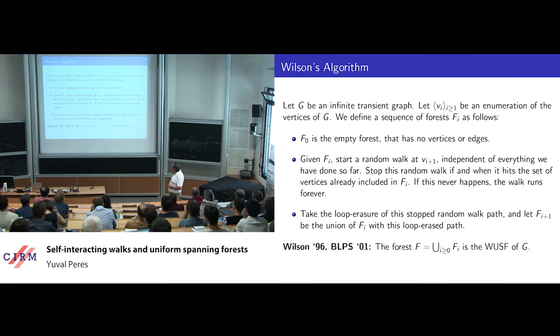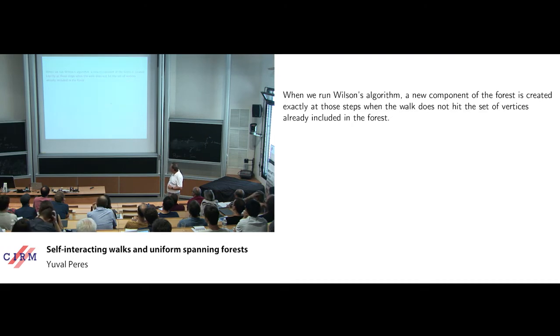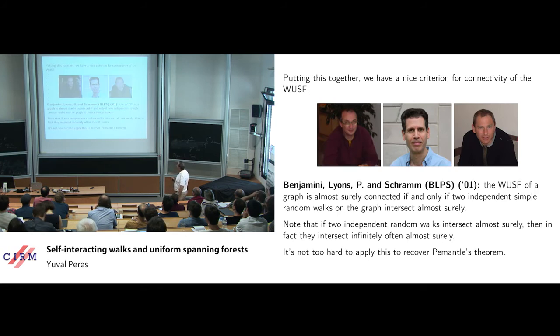Okay, now this fact is easier because of Wilson's algorithm as generalized in this paper to the infinite case. So again, after Pimentel's work, there is a joint paper I wrote with Itai Binyamini, Russ Lyons, and Oded Schramm, where we proved the following generalization.